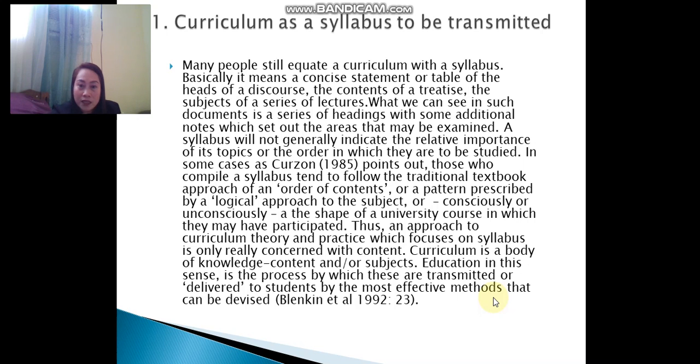Thus, an approach to curriculum theory and practice which focuses on the syllabus is only really concerned with the content. So curriculum is a body of knowledge, content, or subject. Education, in this sense, is the process by which these are transmitted or delivered to the students by the most effective methods that can be devised.